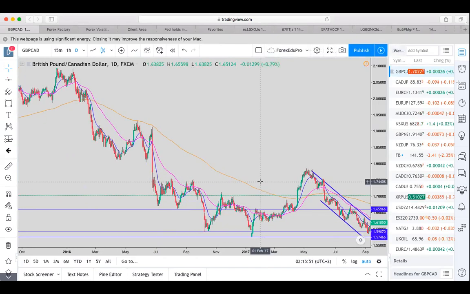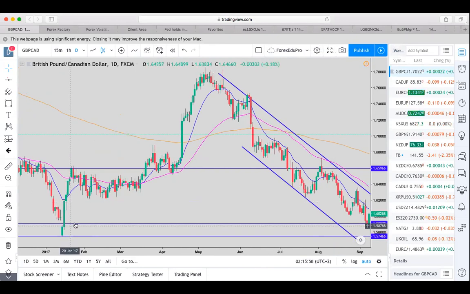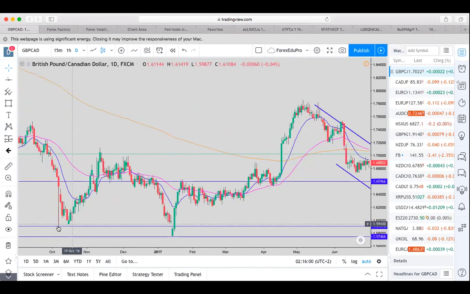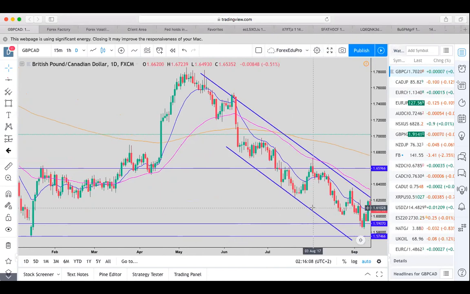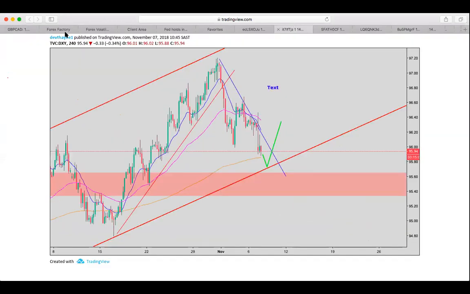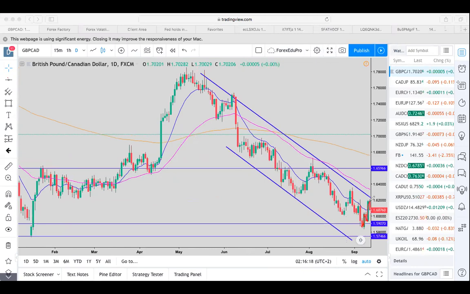So if we do move it, we can see that over here, we zoom in, it was this level over here, this blue line, which was this demand level over here that reacted off. So immediately after seeing the bullish reaction from this area, there's your bullish engulfing, pull back, up. Immediately seeing that type of activity, if I was applying my strategy per se, I would wait for the break.